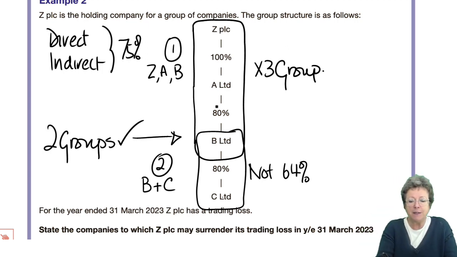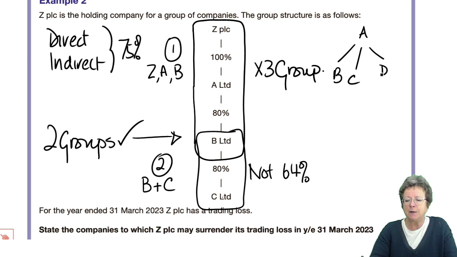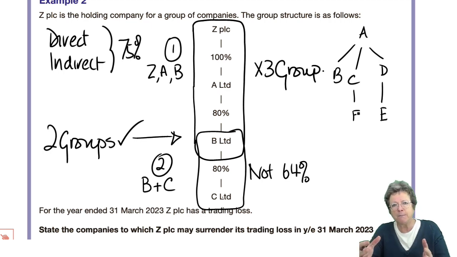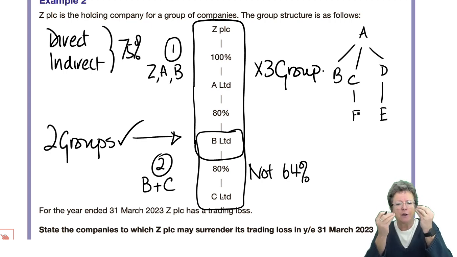It could be a direct one like this, or like the one I did before: that one's A, that one's B, that one's C, D, maybe E, and maybe F. Draw it out, the more complex it is. You will have scrap paper in your exam. I know it's a computerized exam, but if you're in an exam centre, you will have scrap paper. Draw it out so that you can visualize where everything is, because it's really important.